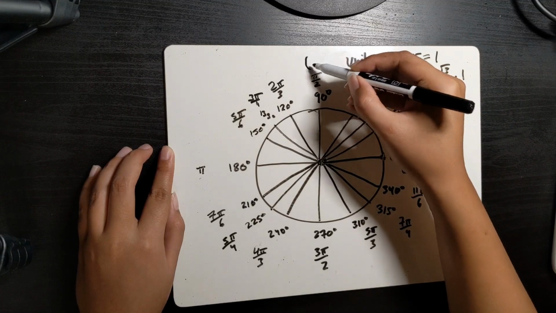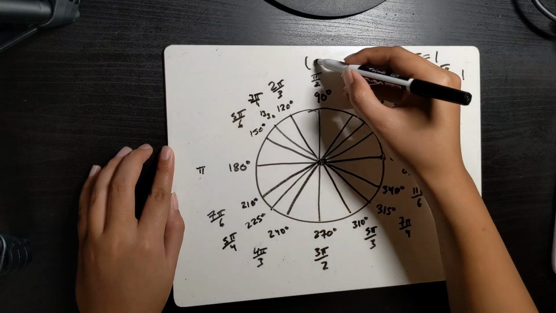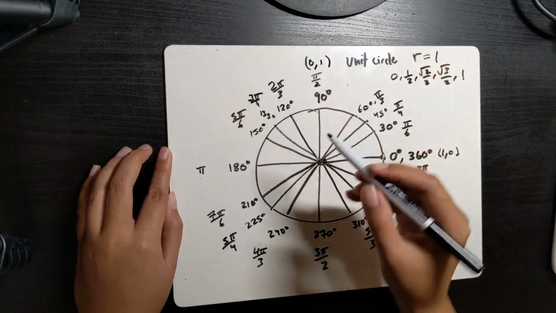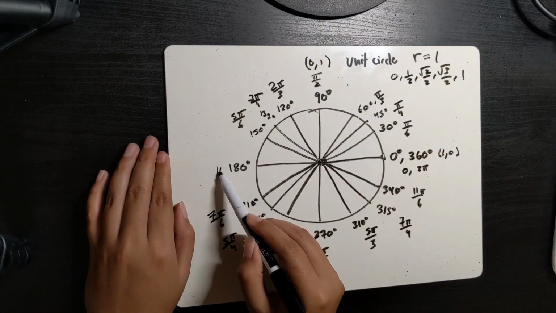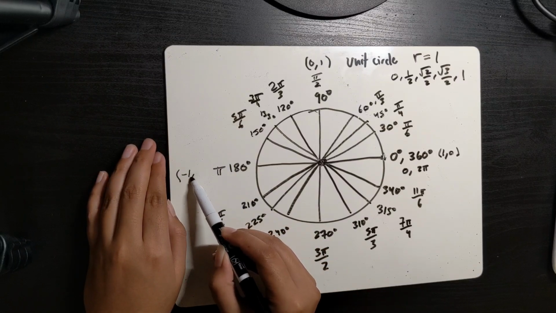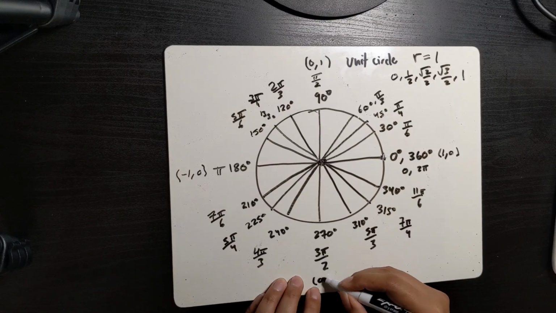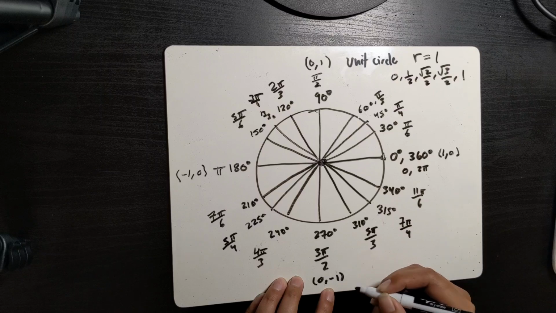At 90 degrees, y is at its maximum value, 1, but x is at 0. Jump over to this side. We're at the negative x side, so we have negative 1 and 0. Down here, we have the negative y side, so we have 0 and negative 1.